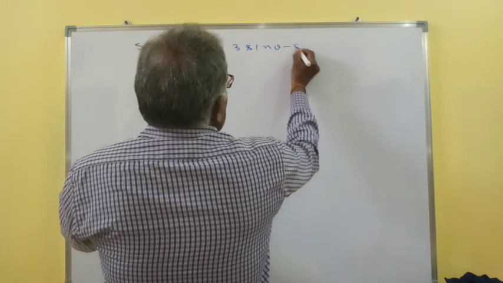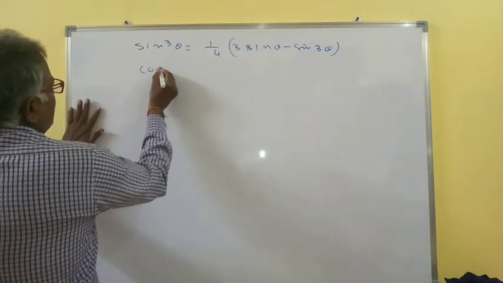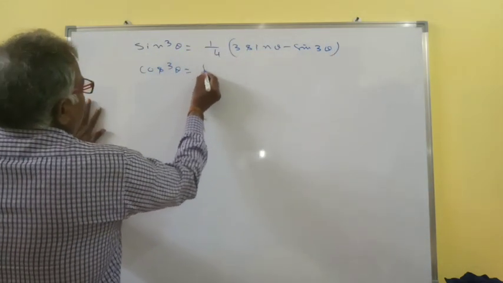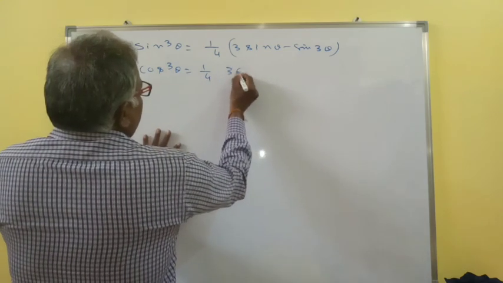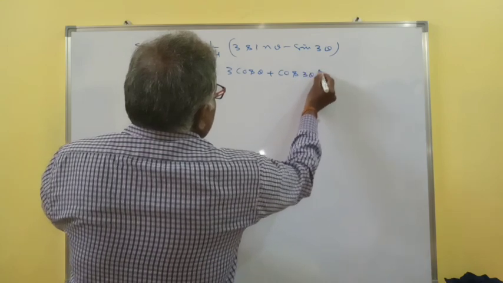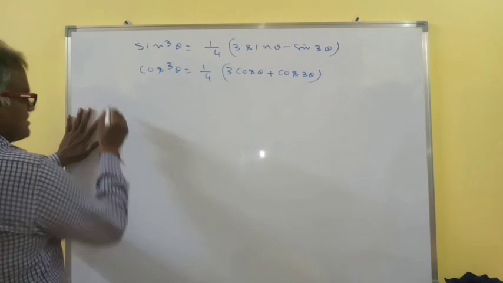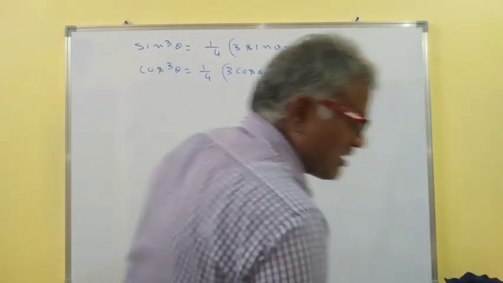And also cos cube theta is equal to 1 by 4 into (3 cos theta plus cos 3 theta). So you should remember these two formulae. Here the next example is cos cube x.